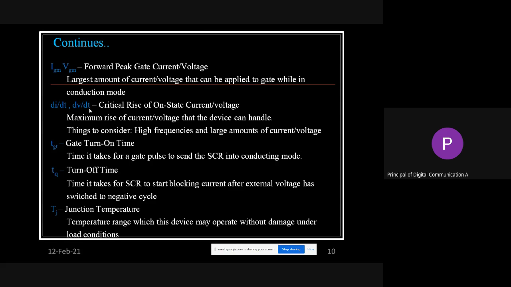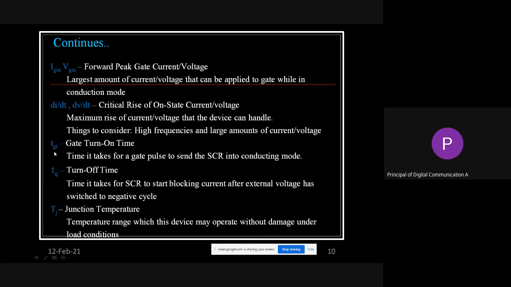So this is the critical rise of on-state current and on-state voltage. म्हणजे जर तुमचा डिव्हाइस चालू आहे तर त्याच्यामध्ये सडन करंटमध्ये राईज होतीये किंवा सडन व्होल्टेजमध्ये राईज होते, तर तो किती सहन करू शकतो तो डिव्हाइस. सो दॅट इज व्हॉट दिस रेटिंग इज, DI बाय DT किंवा DV बाय DT. दॅट इज क्रिटिकल राईज ऑफ ऑन स्टेट करंट ऑन स्टेट व्होल्टेज. So this is the parameter.